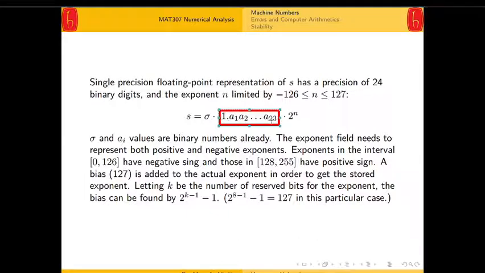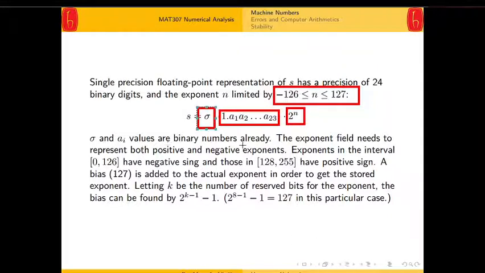This means we have 23 plus 1, 24 digits for the mantissa. In the exponent, we have limits like negative 126 to 127. This will only allow us to store exponents in this interval. And sigma will be basically either 0 or 1, so we have two options here.